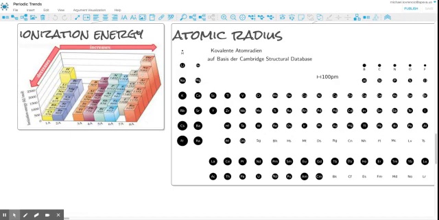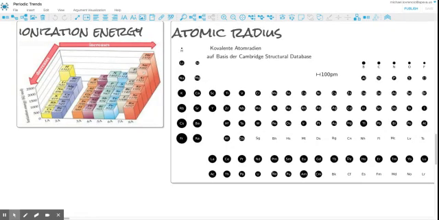We do see some blips in the ionization energy where there are more stable arrangements of electrons, and those lead to it being more difficult to remove those outer electrons. You'll see that in group 2, group 15 and group 18. These just represent more stable electron arrangements, that's all.